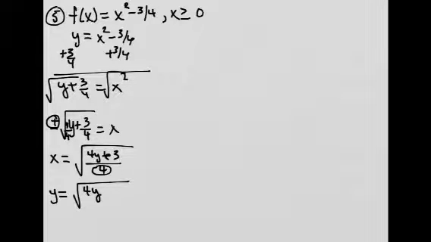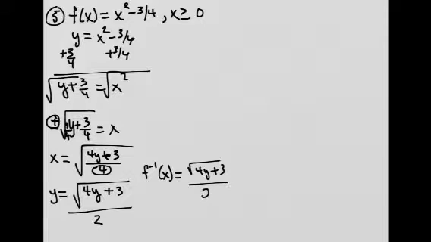You cannot do it to the 4 in front of the y because there's a plus 3. So f inverse of x equals the square root of 4x plus 3 over 2. Okay, so the 2 is outside of the radical.